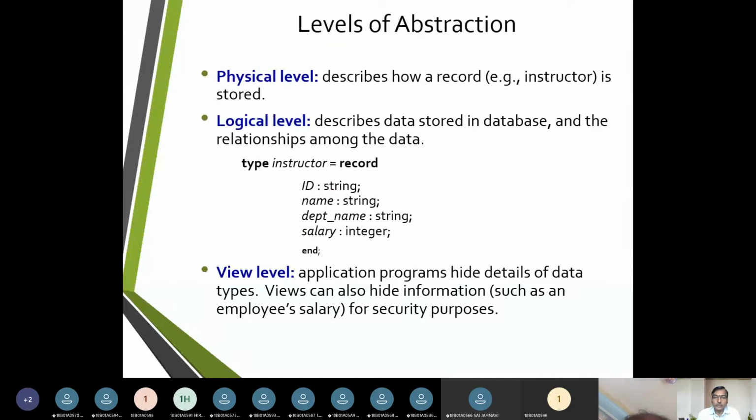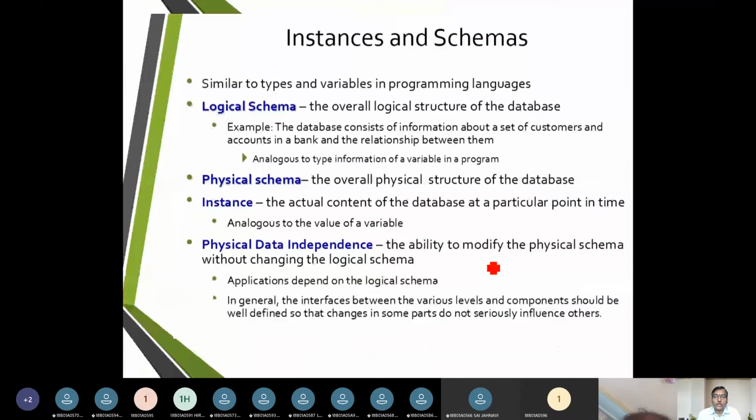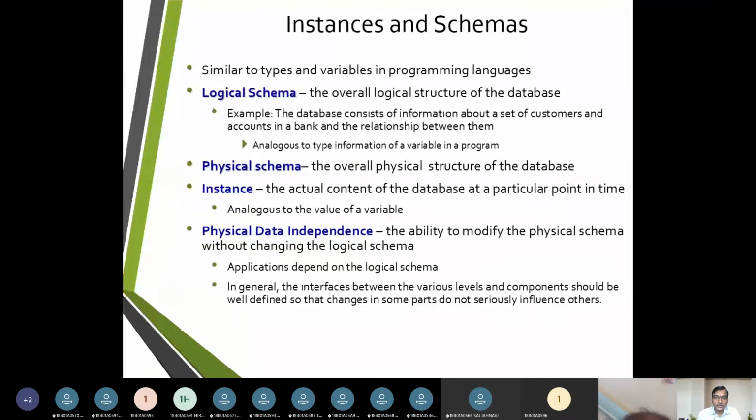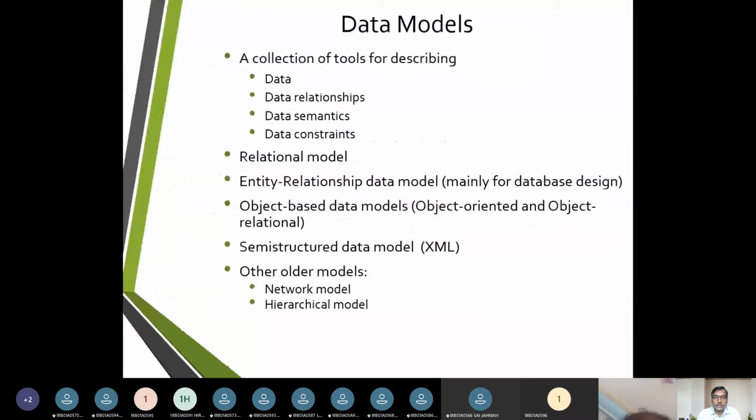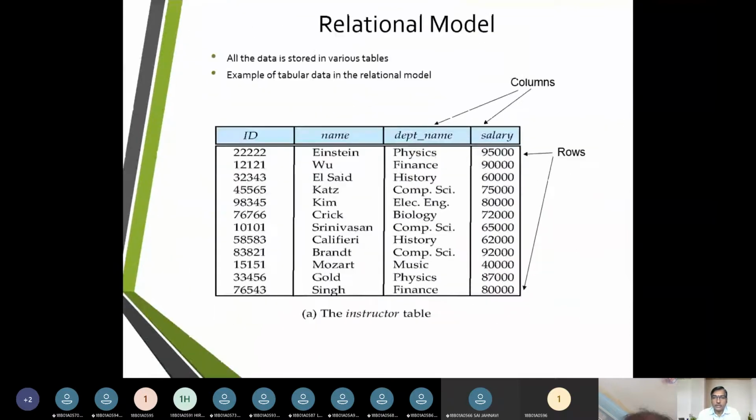After that, we talked about the logical schema and physical schema. Then we talked about the various data models, data relationships, schematics, and constraints, and the relational model, which organizes the database into rows and columns.